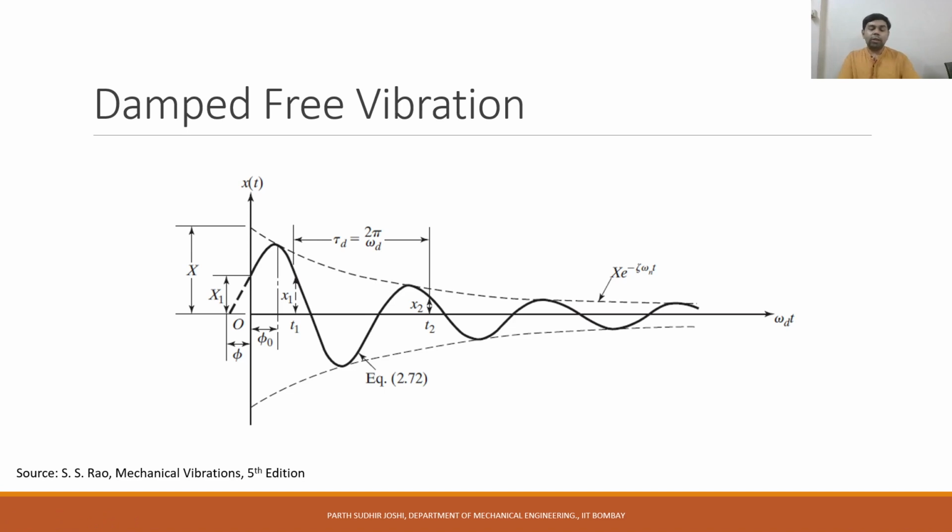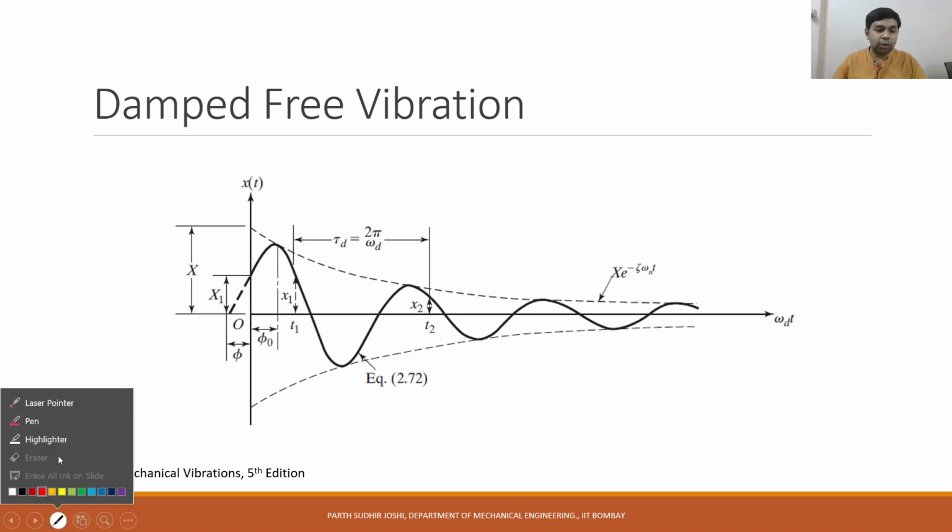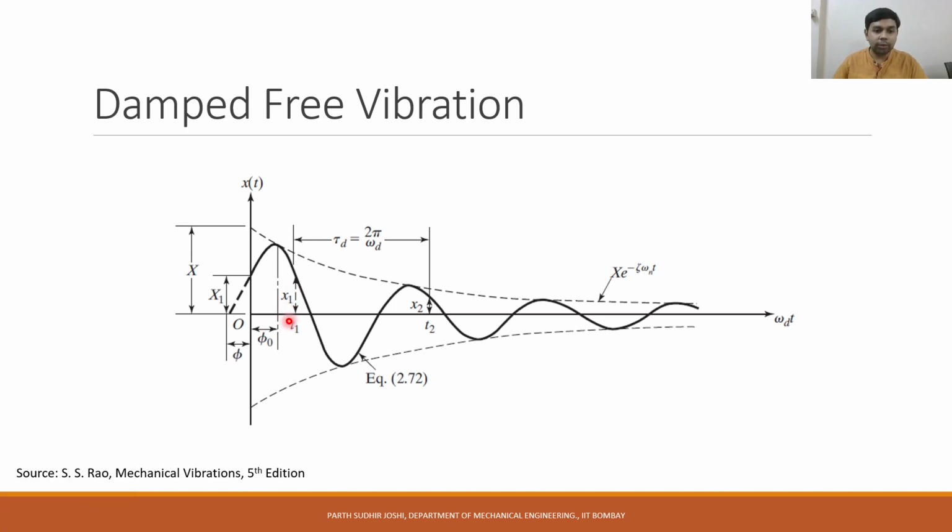So x1 can be anywhere. Right now it is marked over here, but it can actually be anywhere on this curve, even on the negative side. The only thing is that we are looking at amplitudes which are successively one cycle or two cycles or three cycles apart. Okay, sir. Thank you, sir.